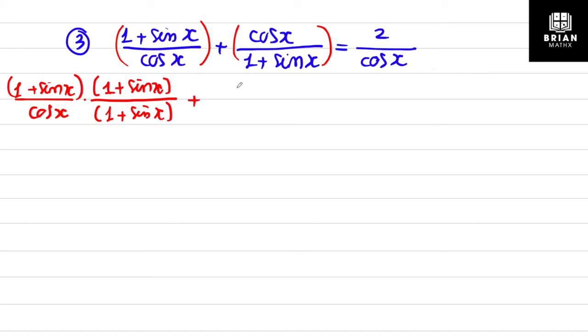The next one is the same thing. I have cos x here and 1 plus sine x in this one, and I will multiply by cos x, because the other denominator is cos x. And because I multiply this numerator with cos x, the denominator also has to be multiplied with cos x.